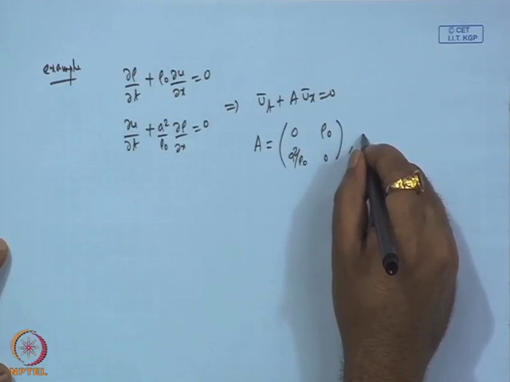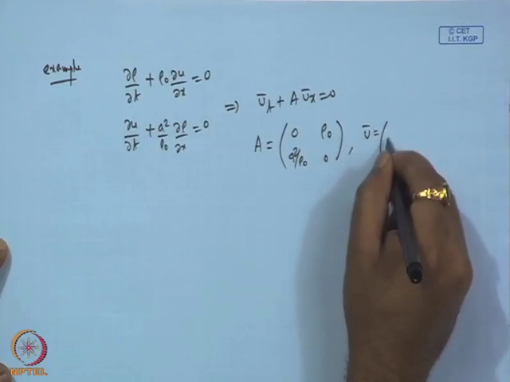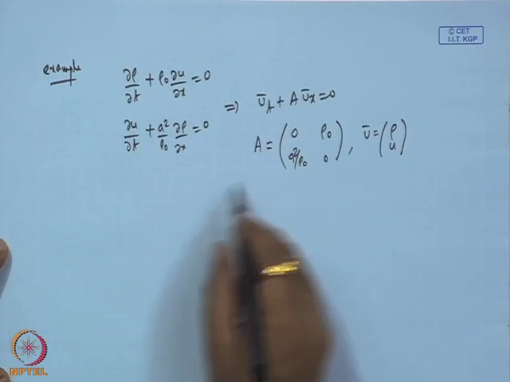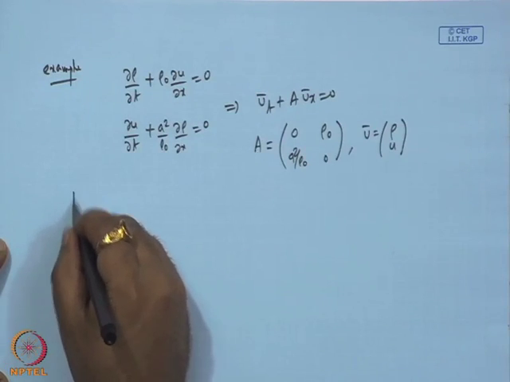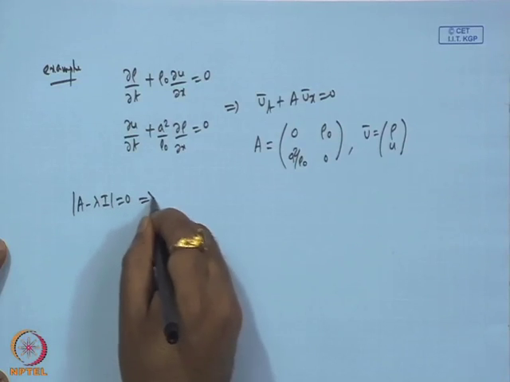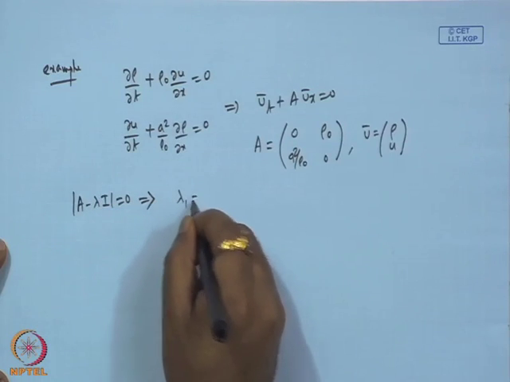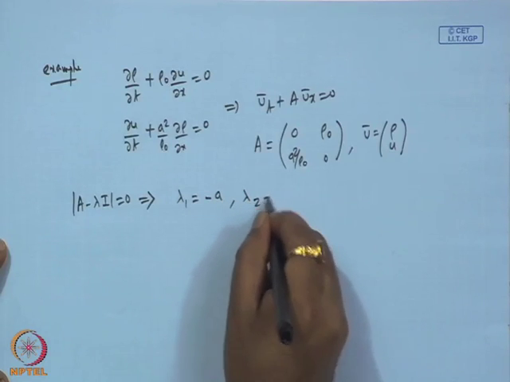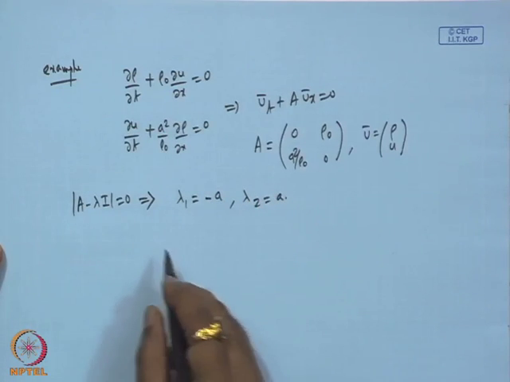Okay. Then u is, okay. So, now if we consider the eigenvalues of this matrix, we get lambda 1 equals minus a, lambda 2 equals a.